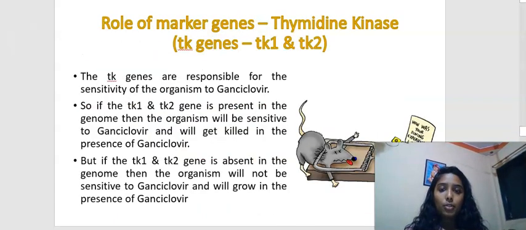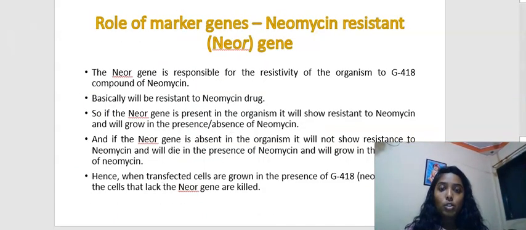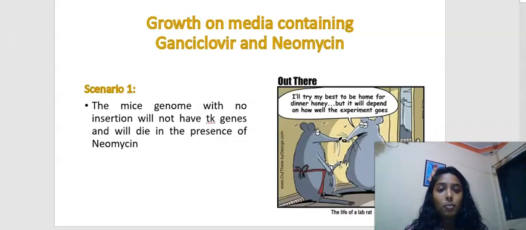So, at the end of the recombination, the cells are grown in media that consist of both ganciclovir and neomycin. Now, when cells are grown in ganciclovir and neomycin containing media, there will be three types of result. If there is no insertion, it will have neither TK nor neo-R.